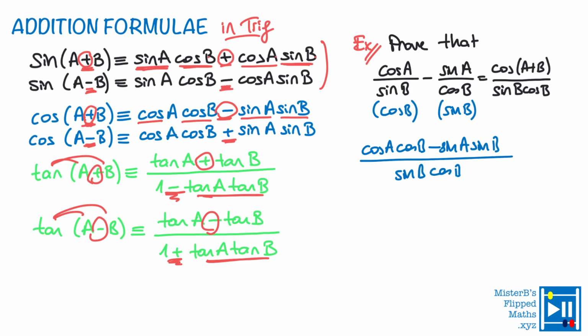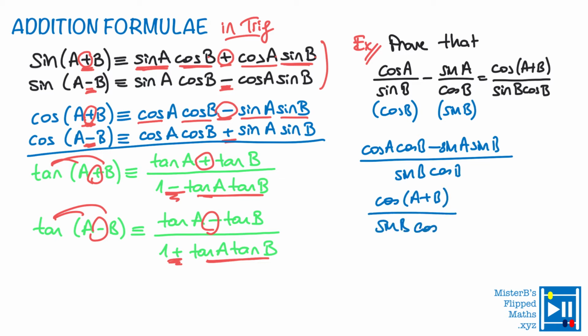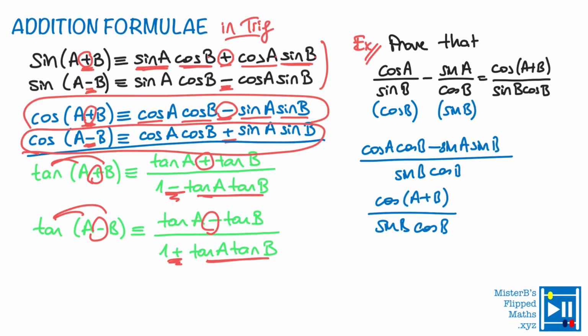And we know from this identity that the numerator is nothing but cosine A plus B over sine B cosine B. Now let's try to show how we get this formula from this one.